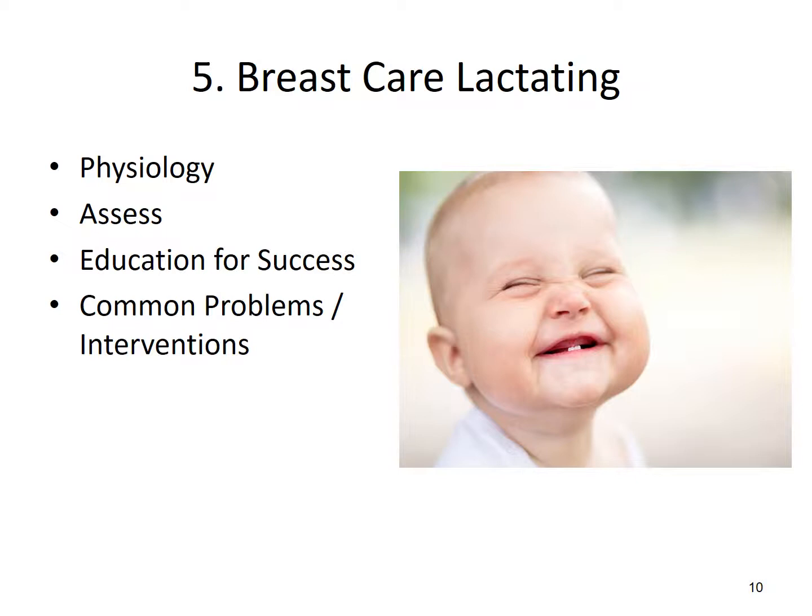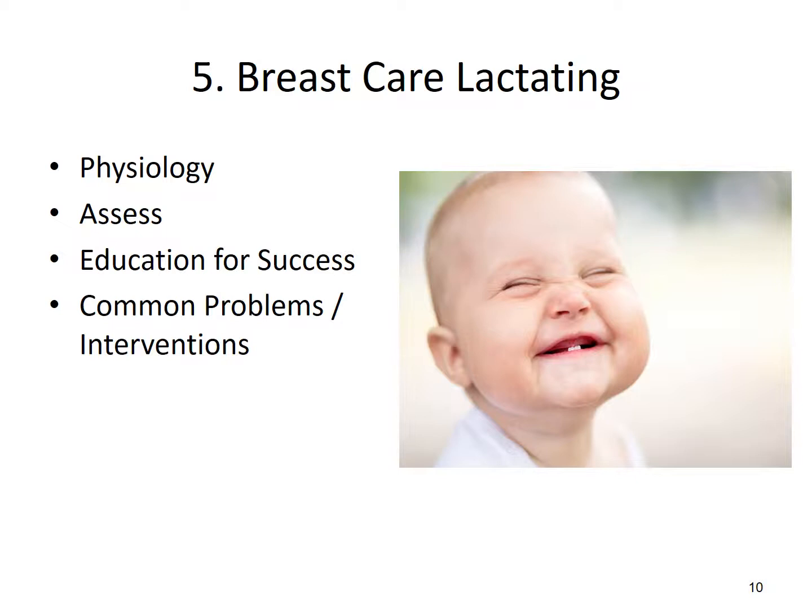Breasts become more full and firm, and this is often associated with a low grade temperature. Maternal nutritional requirements are somewhere between 2,500 and 2,700 calories per day, and even at that, moms still lose weight.